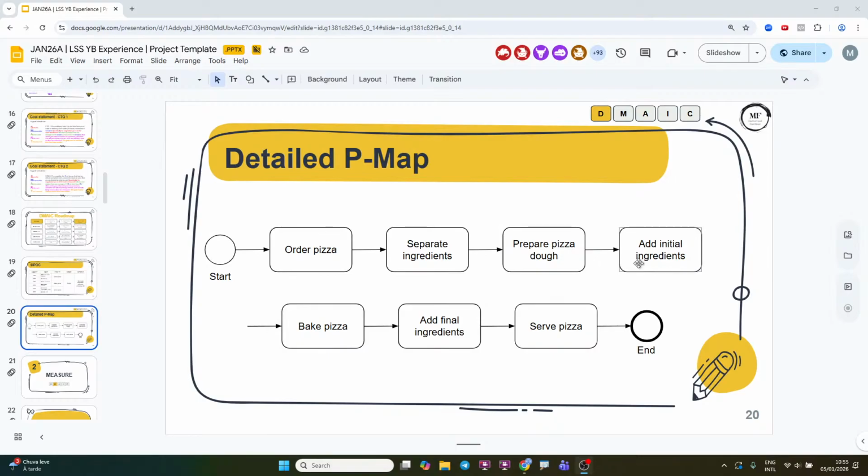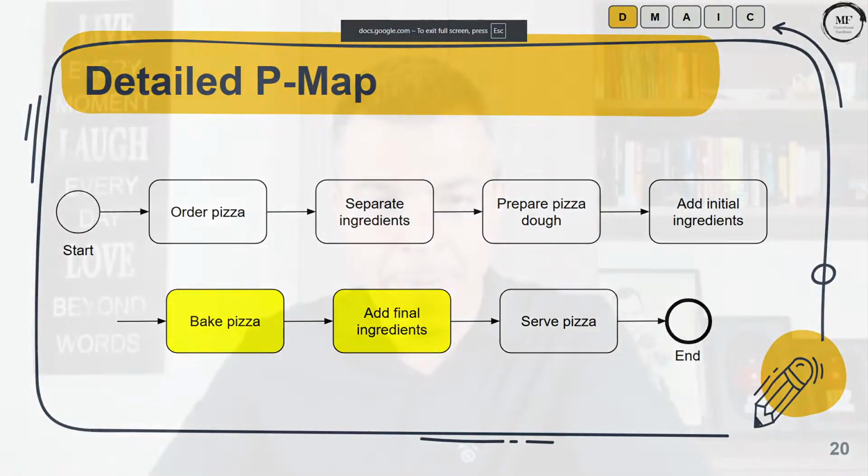And indicate here, for example, I want to deep dive on these two processes. And you can be sure there is something magical that happens when you have a process map, okay?